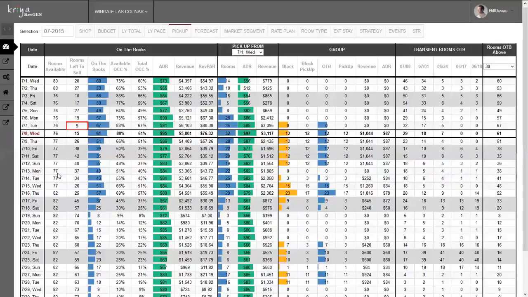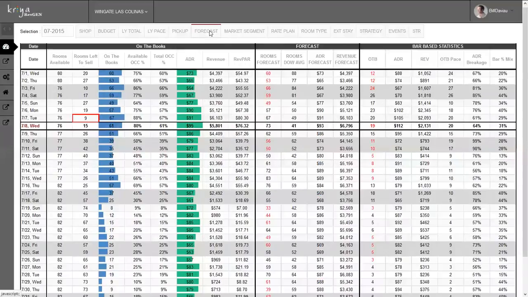As you can see, this hotel only has 77 rooms available due to a renovation. And if we look at the unconstrained forecast, which is the forecast if there was an unlimited number of rooms, you can see that we are forecasting a near sellout or a definite sellout for these 3 days.